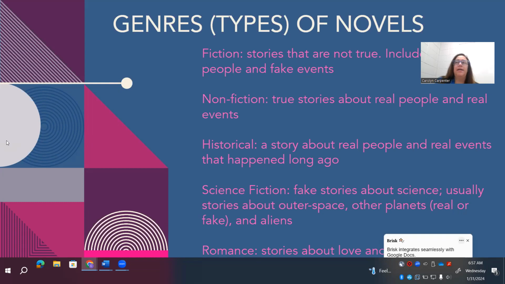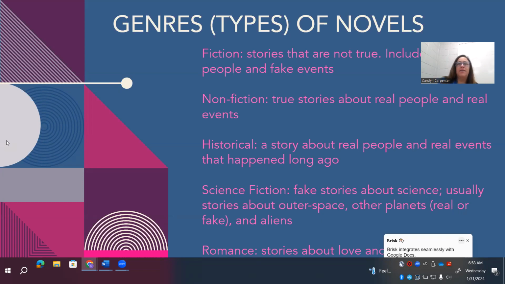Now, nonfiction stories can kind of change what actually happened, or they might add characters or take characters away from the story. And it still would be nonfiction, even though some of the stuff they say in there is not completely true. Then you have historical novels.